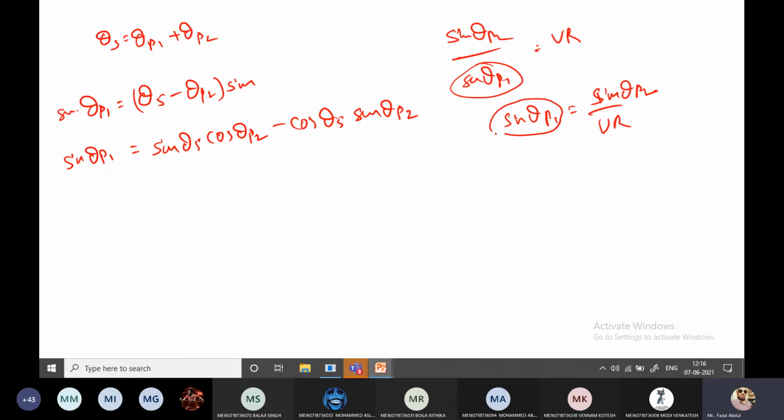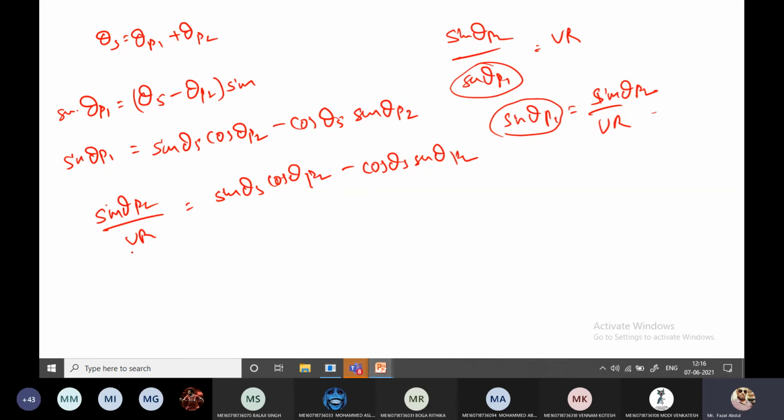In place of this, I am writing: sine theta p2 by VR equals sine theta s cos theta p2 minus cos theta s sine theta p2.